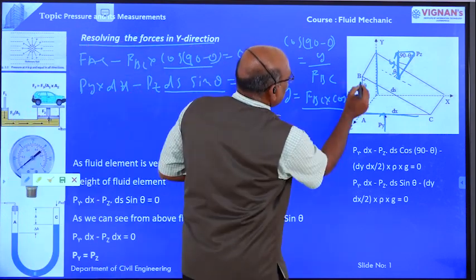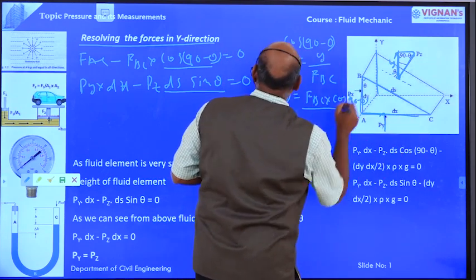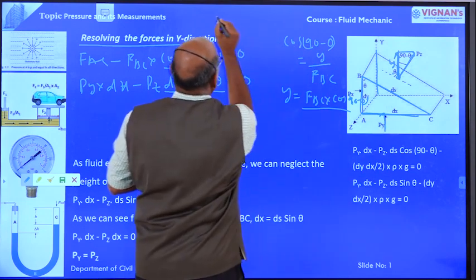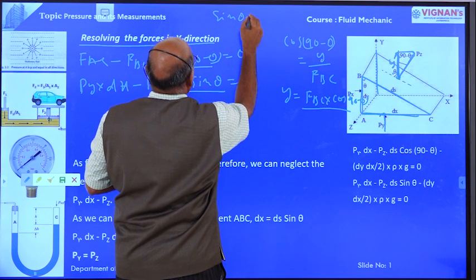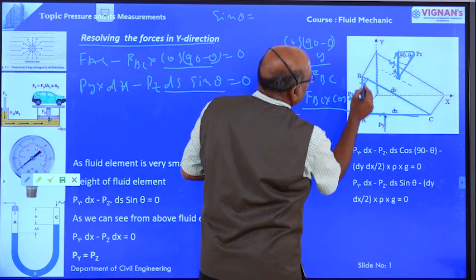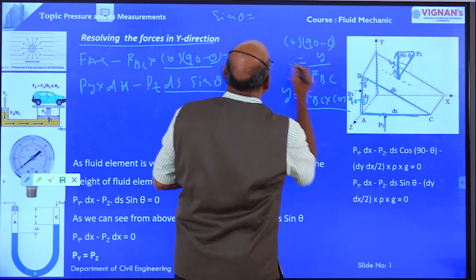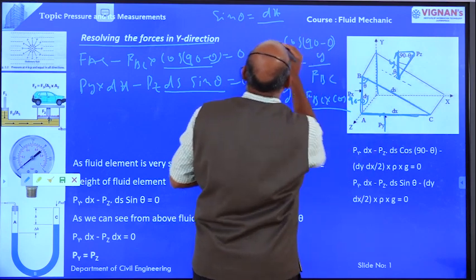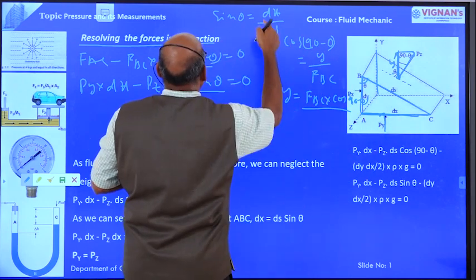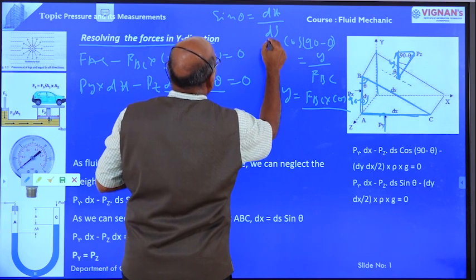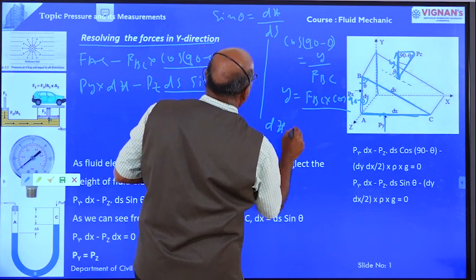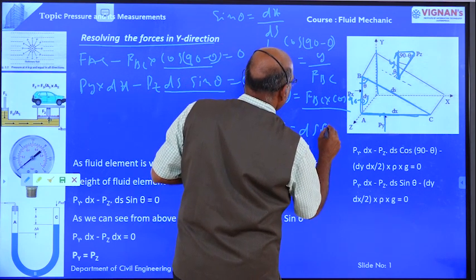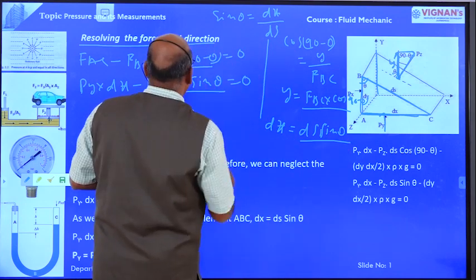From this triangle we are going to determine what is ds sin theta. From this triangle, sin theta equal to, this is theta, sin theta equal to opposite side, that is dx, divided by hypotenuse, this is ds. Therefore dx is equal to ds sin theta, right?